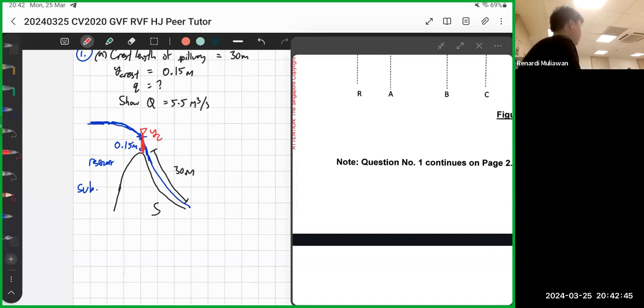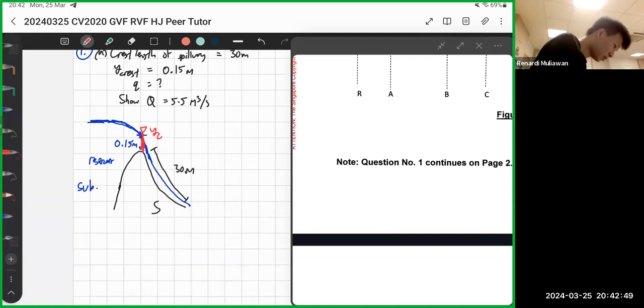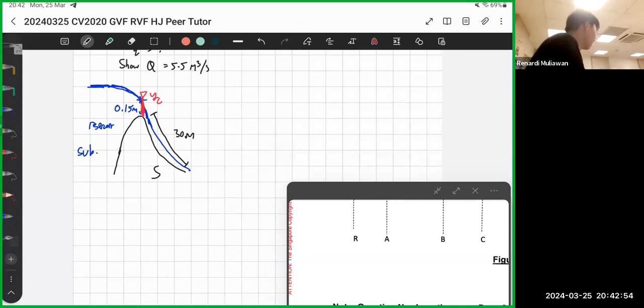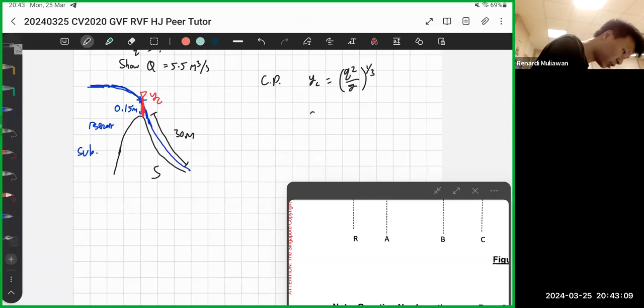It needs some concept. If you remember, YC and Q are related directly. It's a control point. So YC is equal to Q squared divided by g, to the power of 1/3. If you rearrange this, you get Q equals the square root of YC cubed times g.